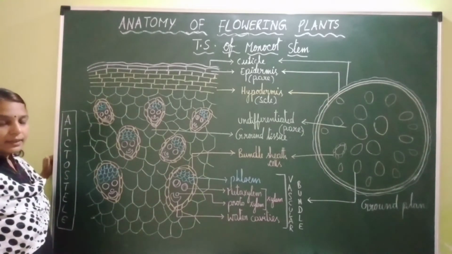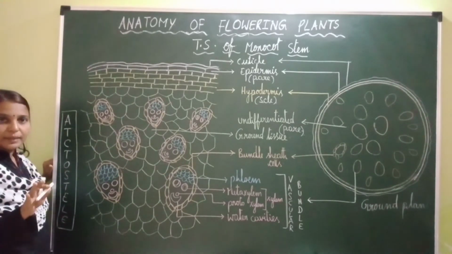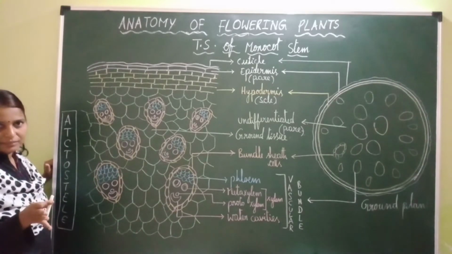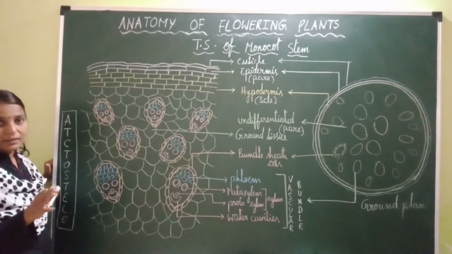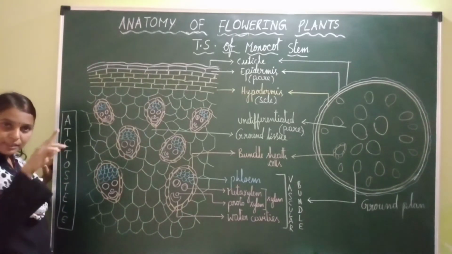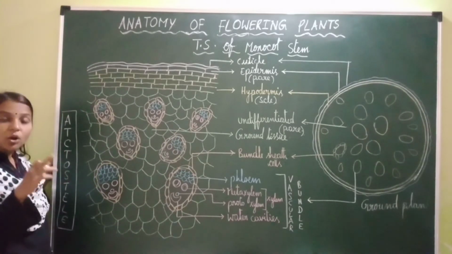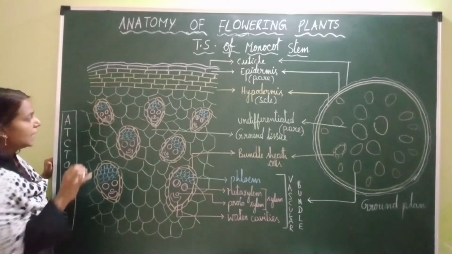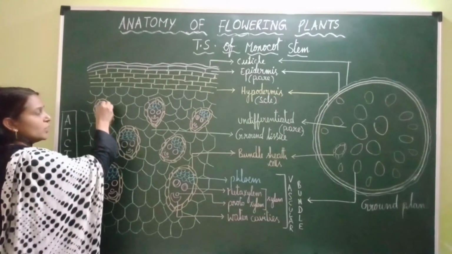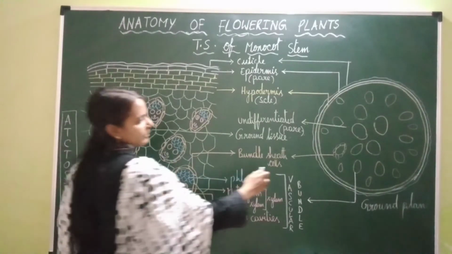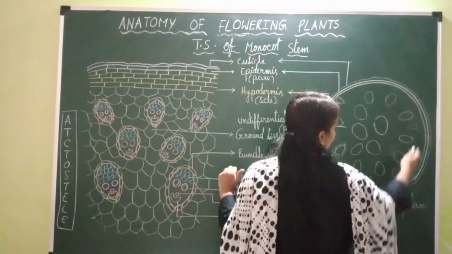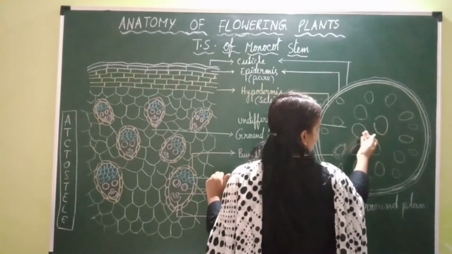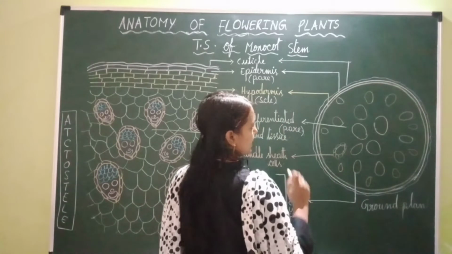Here the vascular bundles are dissimilar in size. Whereas in dicot stem, vascular bundles which are arranged in the form of a ring are almost similar in size. But here they are dissimilar in size. The vascular bundles present towards the periphery are smaller in size. The vascular bundles present towards the center are larger in size.